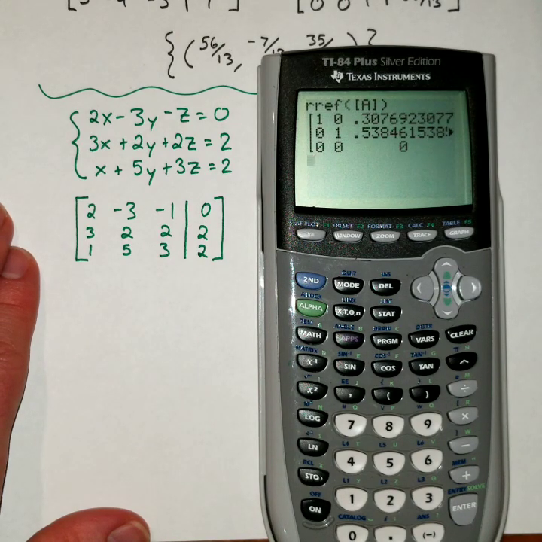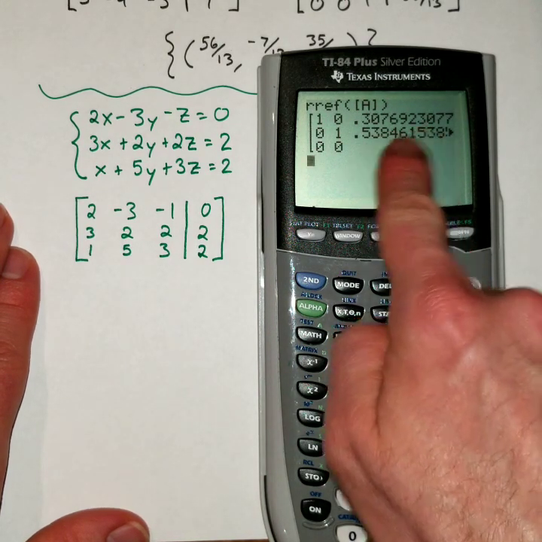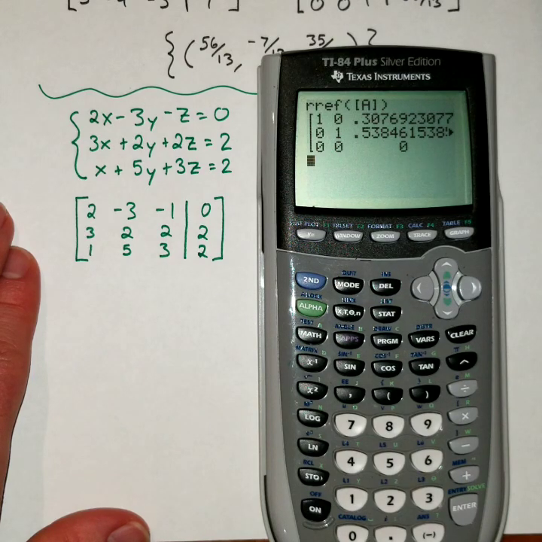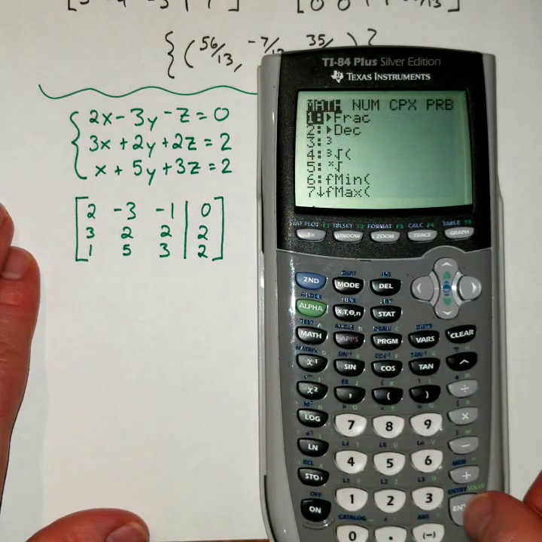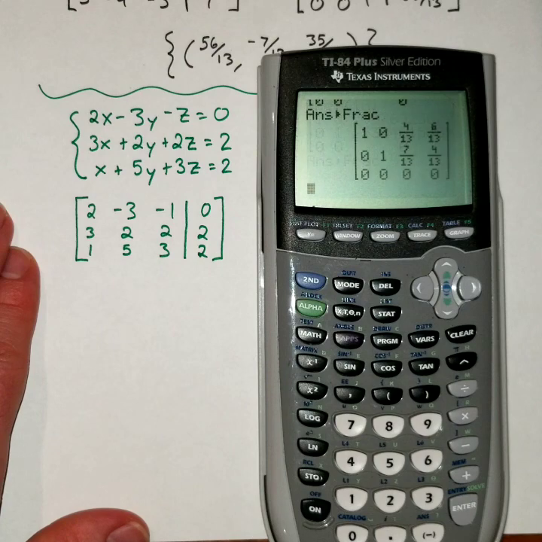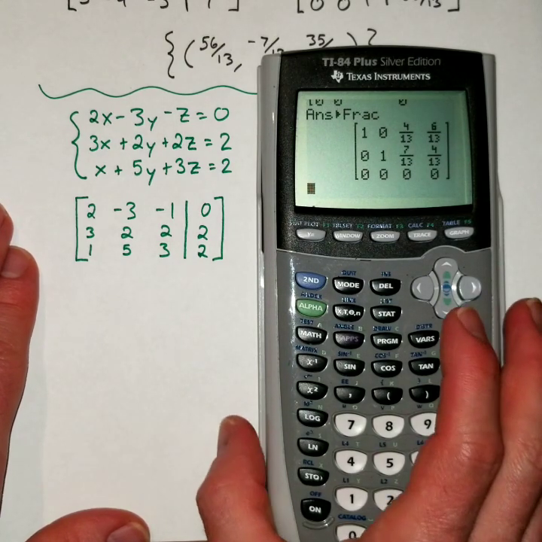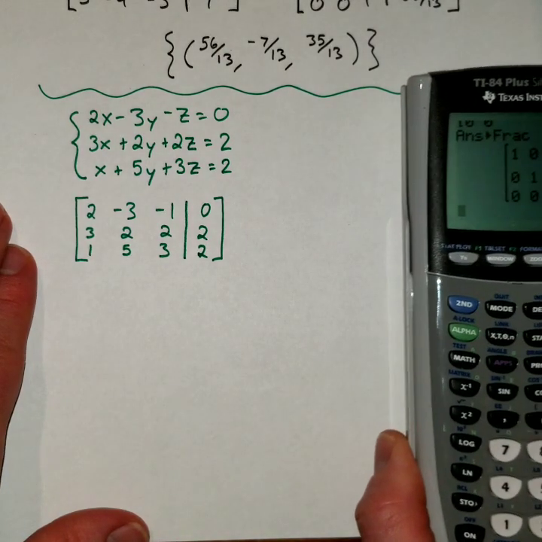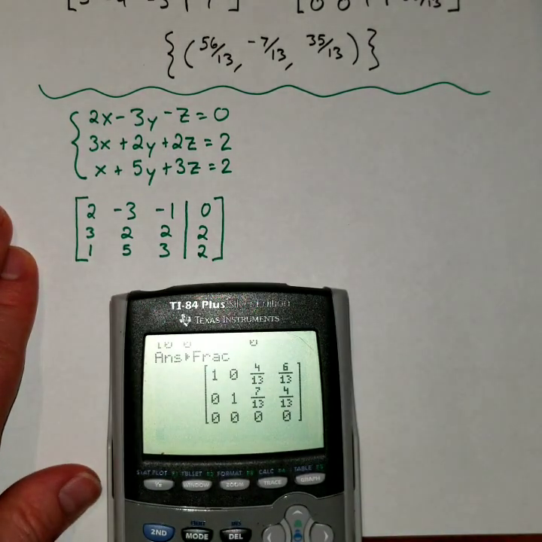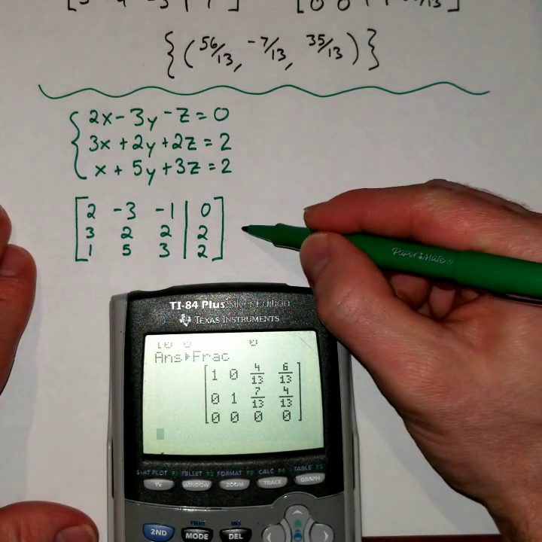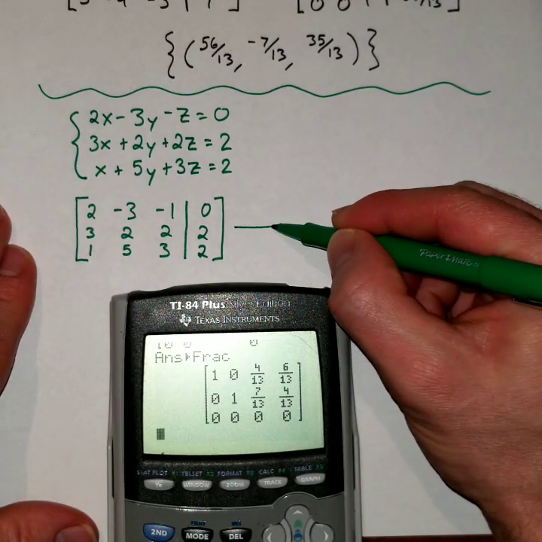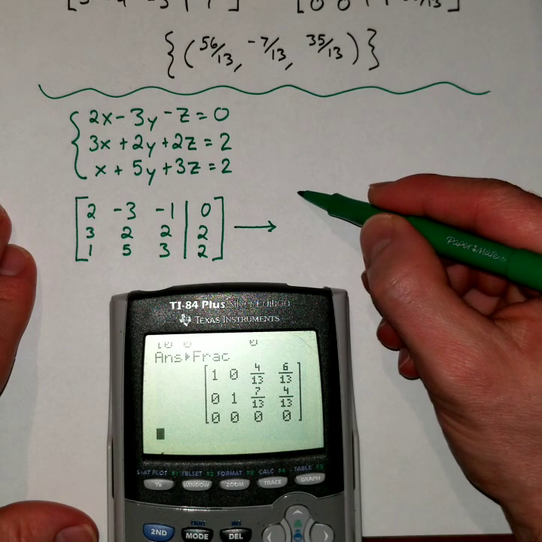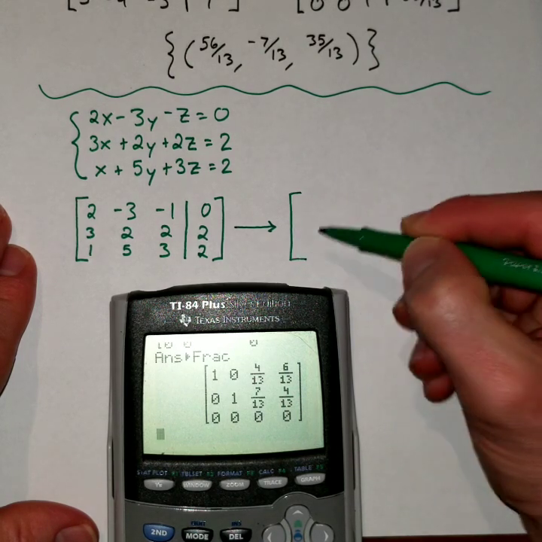and I get this weird thing. Again, I've got some ugly decimals over on the side, so let me clean that up. I'm going to go to math, fraction. It's always nice. I like having the fractions in there, honestly. It looks a lot cleaner. So let's put that down here. Now my work, remember, as I'm writing this on a test, is going to be to write out this matrix.